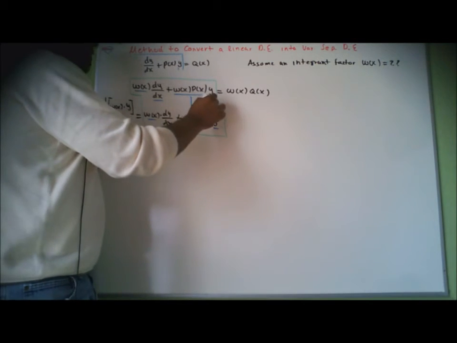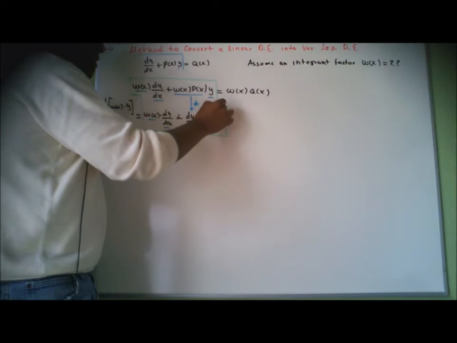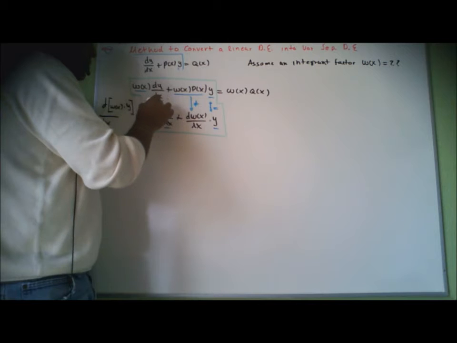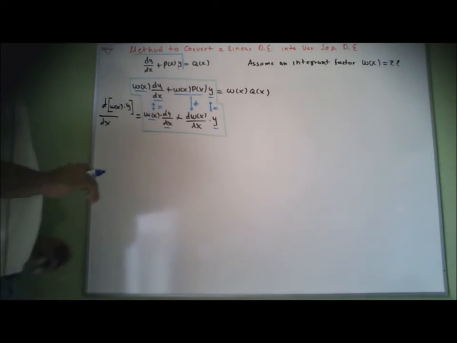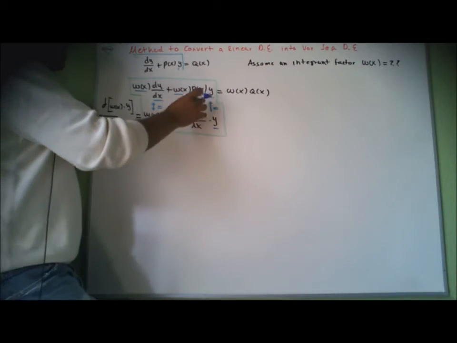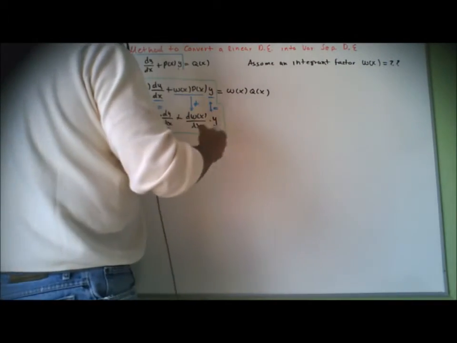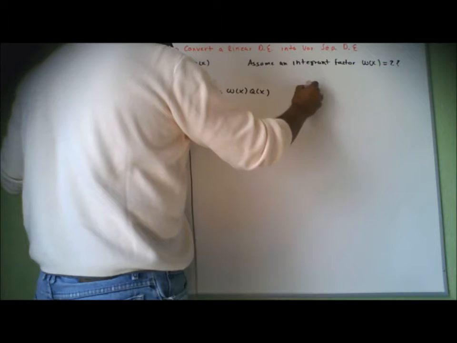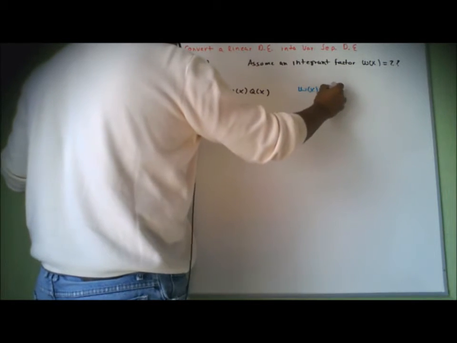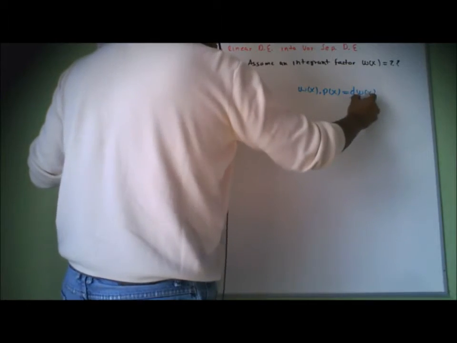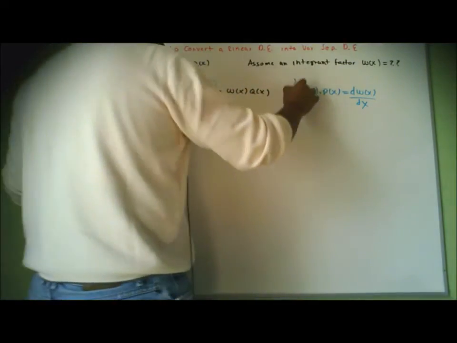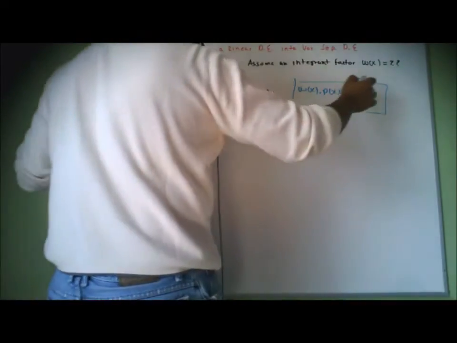But these are equal, and these two are equal. So the only thing left to make it equal is w of x times p of x equal to the derivative of w of x with respect to x. So we are going to make them equal.